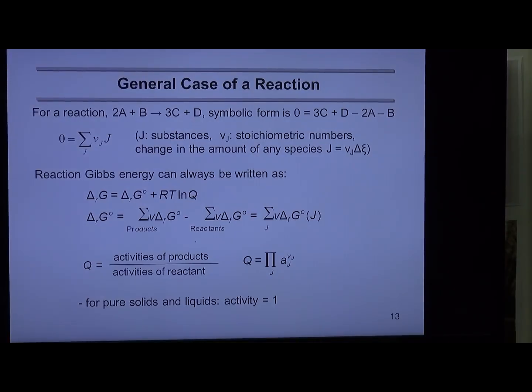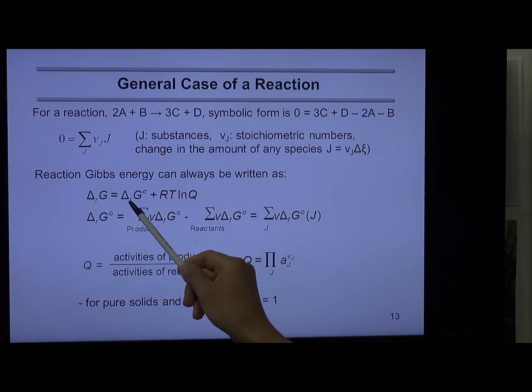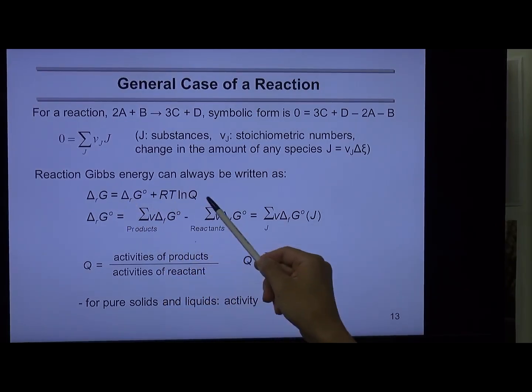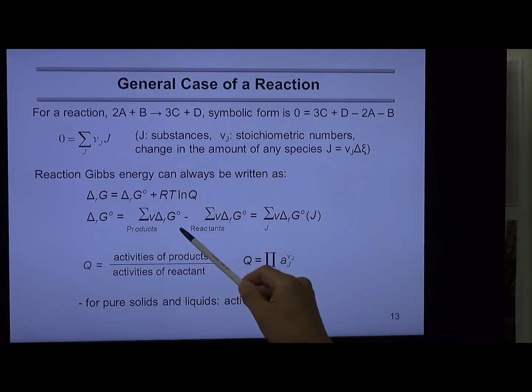We can use basically the same equation as shown here. Reaction Gibbs energy, delta rG, is equal to delta rG naught plus RT ln Q, right? And here the standard reaction Gibbs energy can be determined if you have information about the molar Gibbs energy of each reactant and product.